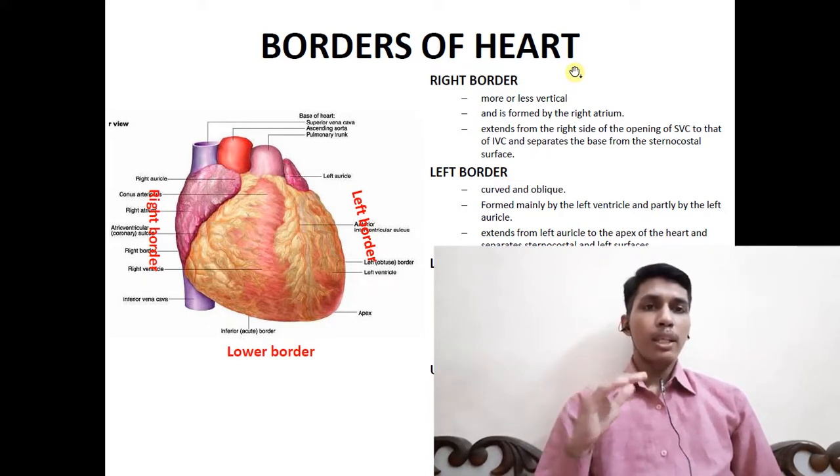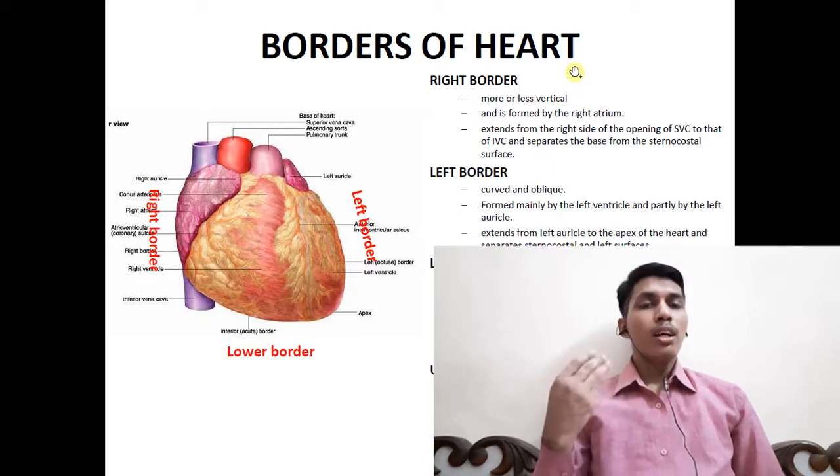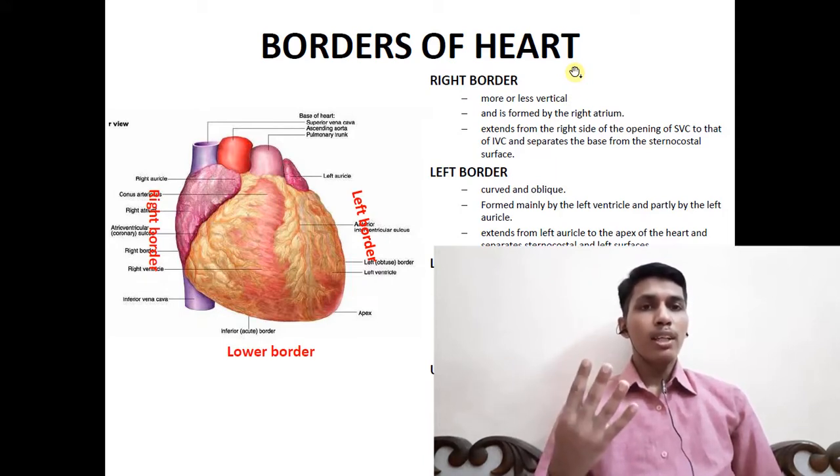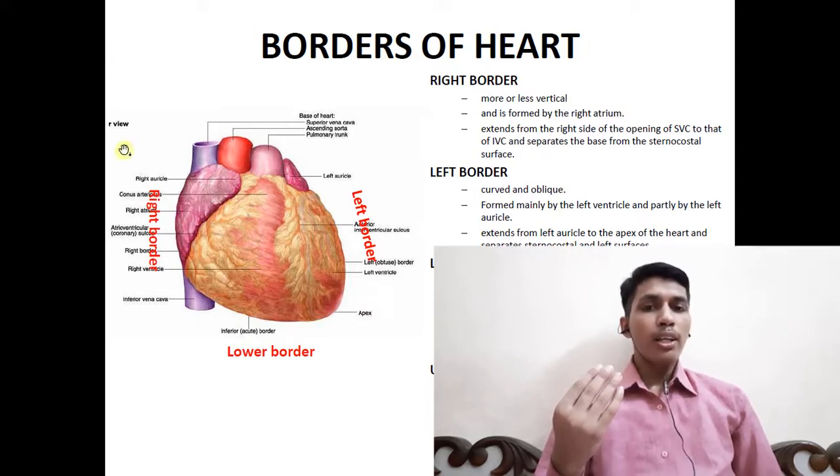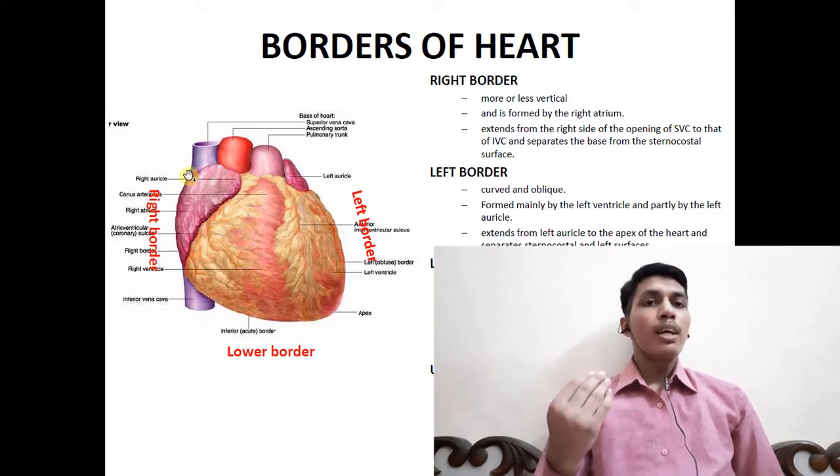Apex is present at the lower or inferior border, and it is mainly formed of the left ventricle. Number 4 is the base of the heart. Base of the heart is present at the superior or upper border. It is formed of the right atrium and the left atrium.